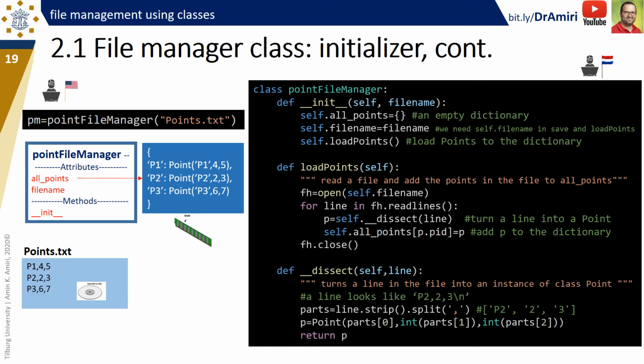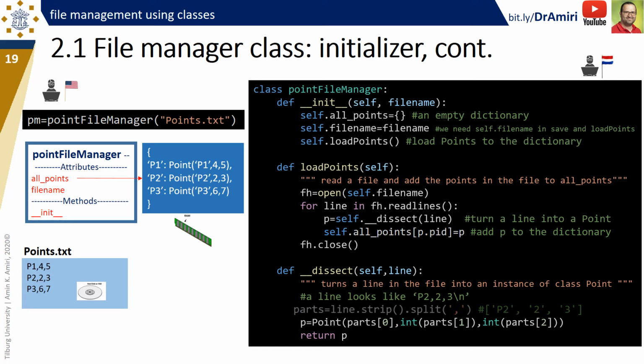But let's learn how to dissect a line, how to turn a line of this file into an instance of the class Point. You already know that a line starts with PID, then comma, then X, then comma, then Y, and after that backslash n.